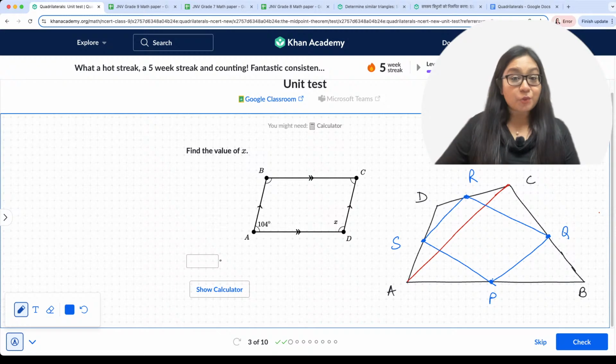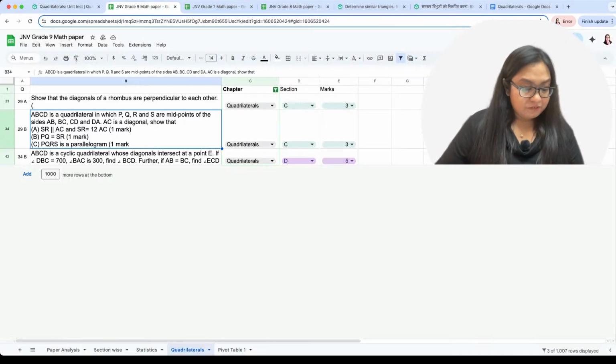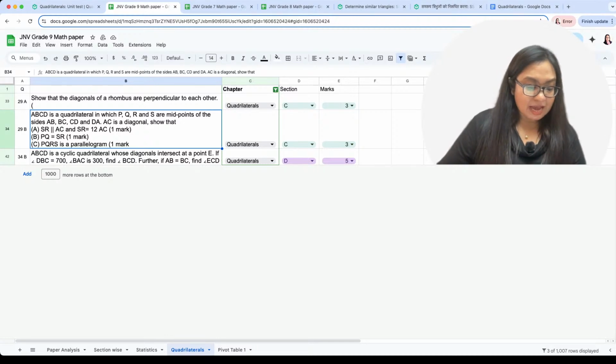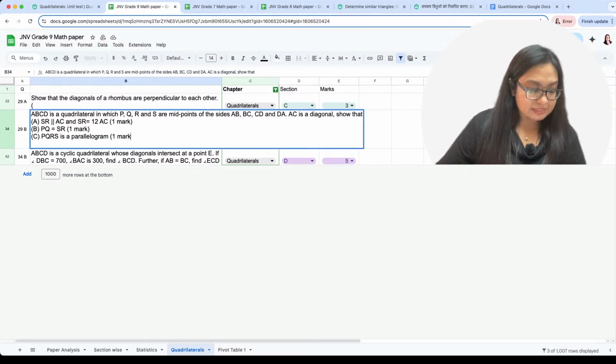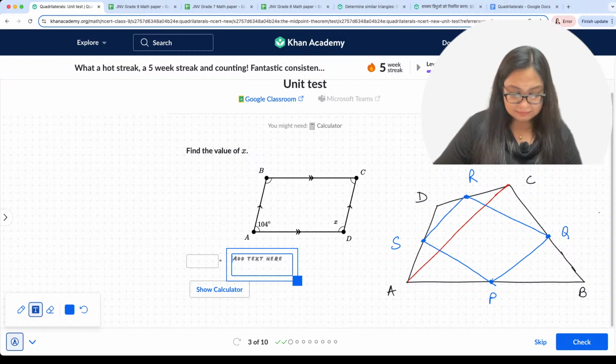And now what do we have to prove here? यहाँ पर हमें तीन चीजें प्रूव करनी है. First is SR parallel to AC and SR equal to half AC. चलिए इसे कॉपी कर लेते हैं और वहीं पे डाल देते हैं. So here we go. I'm going to copy it right here and paste.